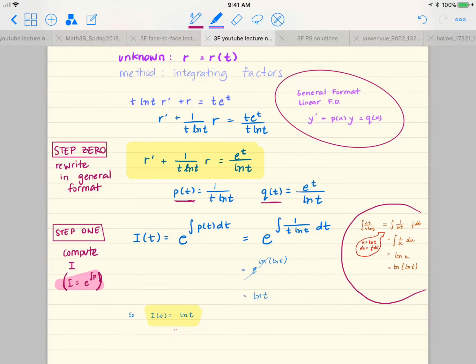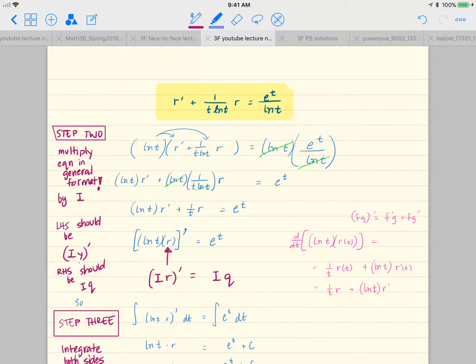Step 2 is to multiply your equation by I. You'll end up with a new equation: the derivative of I times your unknown is equal to I times Q. And then step 3 is to integrate, and then divide by I.